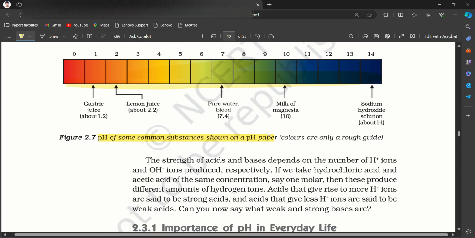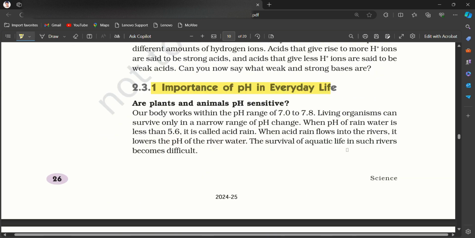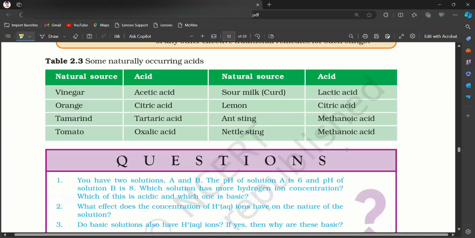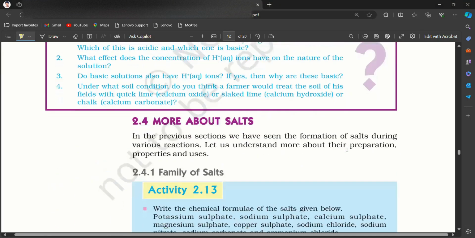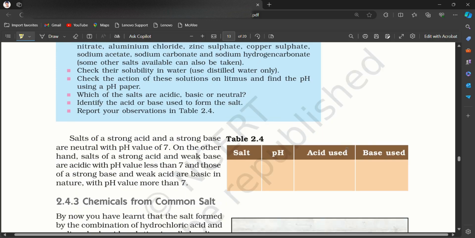What is this? pH of some common substances, or pH paper. पीएच पेपर है. इसका आप एक्सपेरिमेंट करेंगे अगर आपके कॉलेज में लैब होती है. इंपॉर्टेंस ऑफ पीएच ये आपको पढ़ना है, मैंने बताया. So that's it.